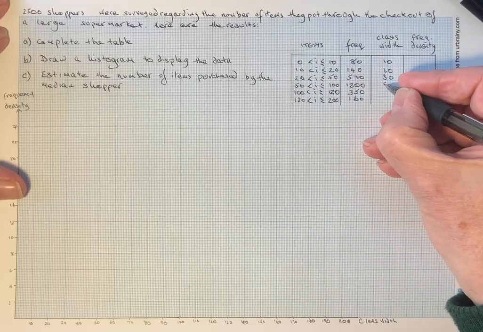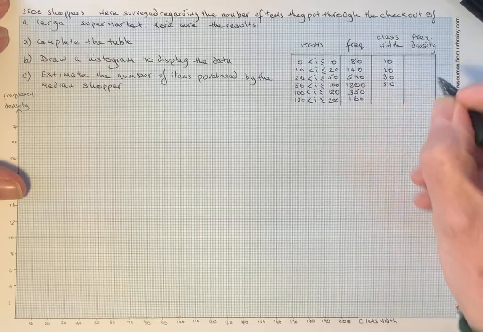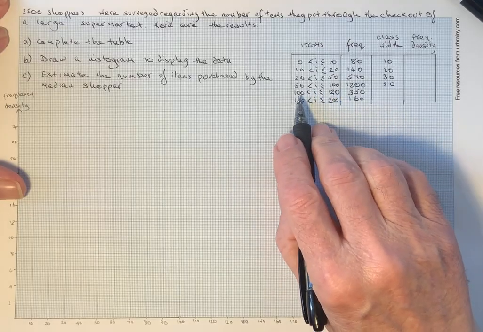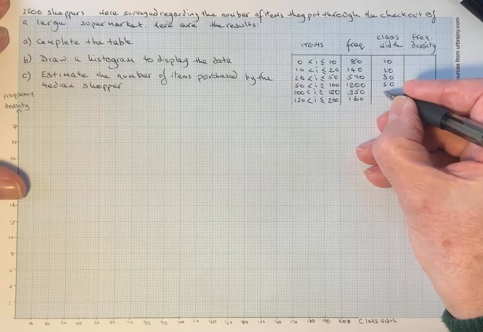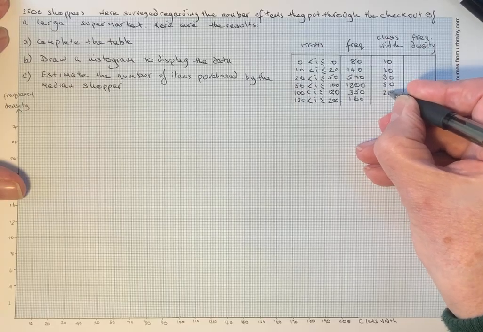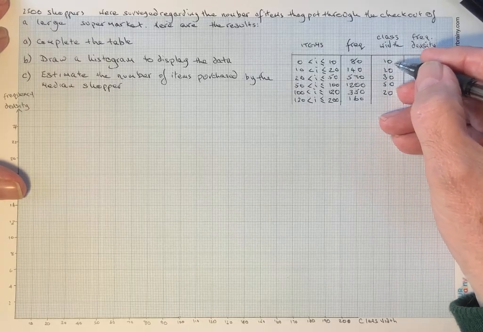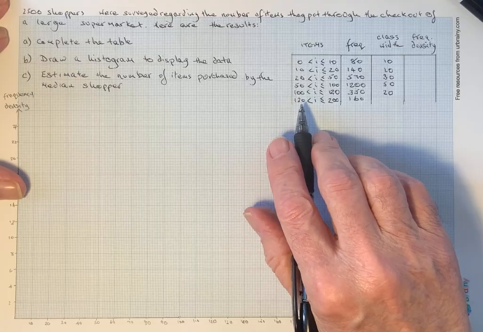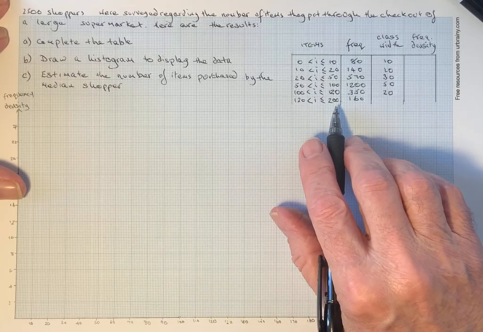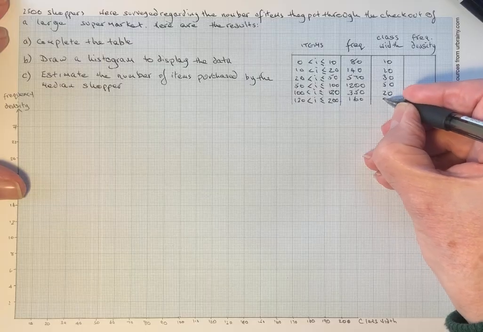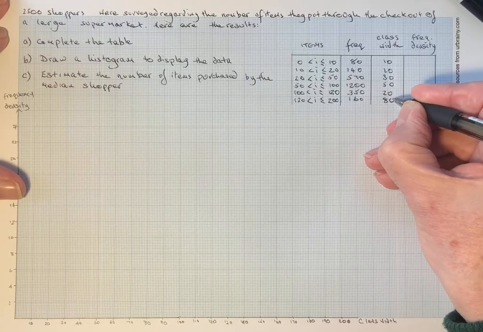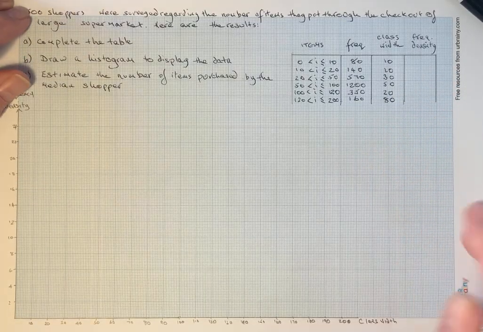That's another wide bar. 120 take away 100 is 20. So this is going to be twice the width of these bars here, and 200 take away 120 is 80. So that's how we find out our class width.